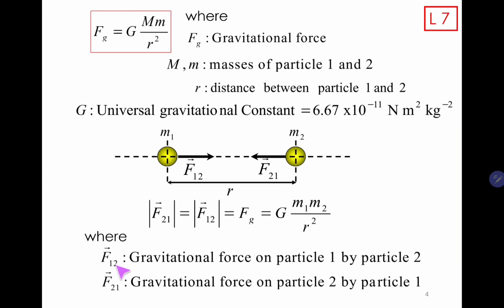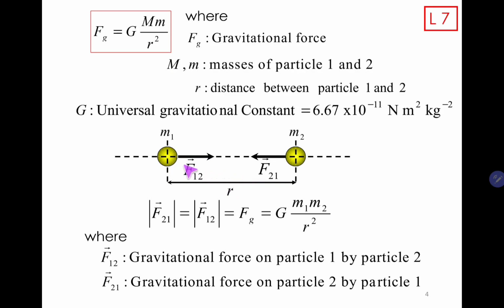F12 is the force exerted on the first body caused by the second body. Still the same for F21: the force exerted on the second body by the first body. It's quite simple: on, by.